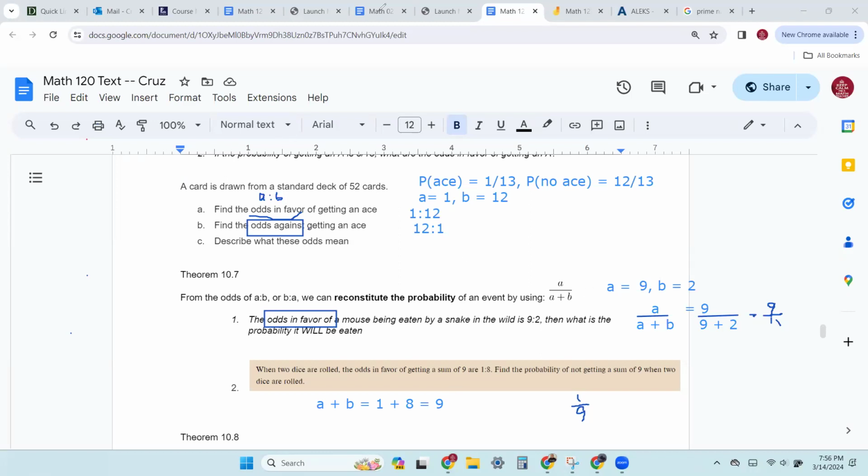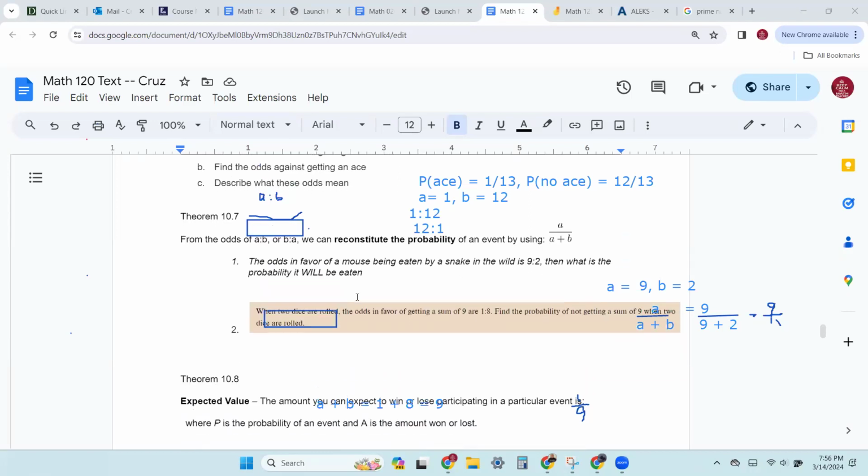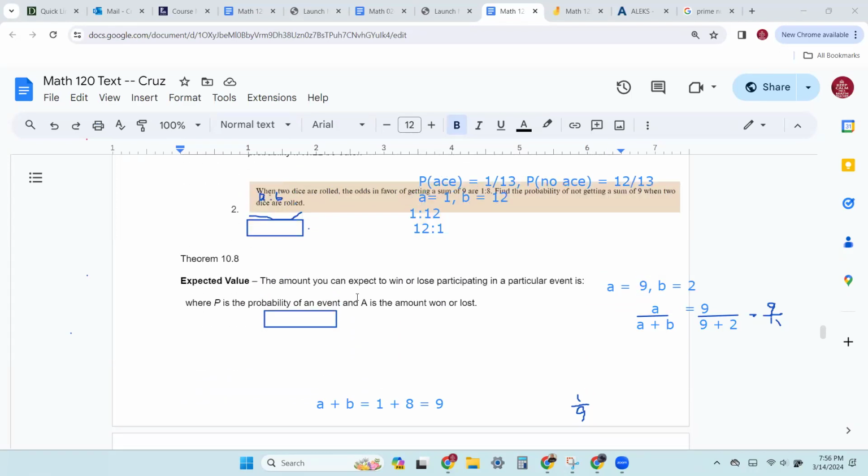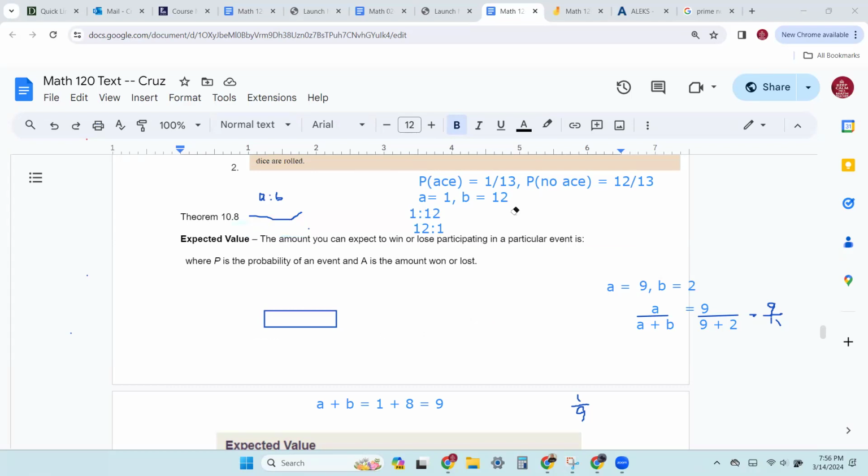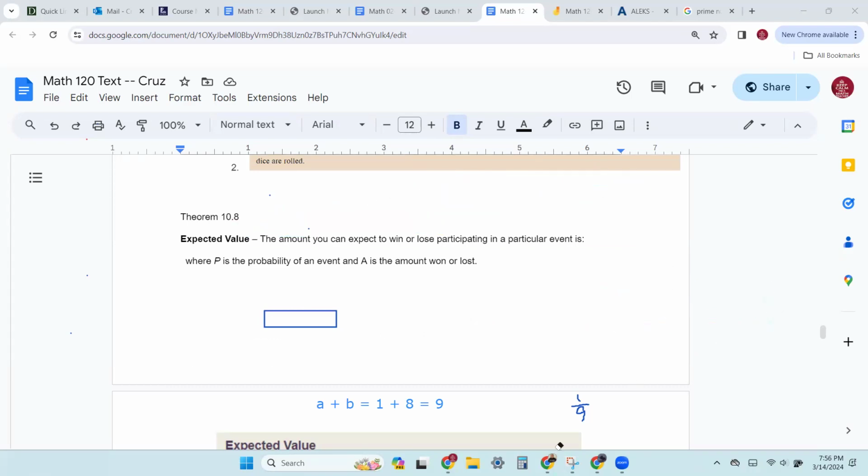All right, so let's hit this other part real quick. Like I said, I don't know how I got a little bit behind. All right, so the expected value is a way to quantify the chance of a particular event and whether it's going to be a winning expedition or a losing expedition.